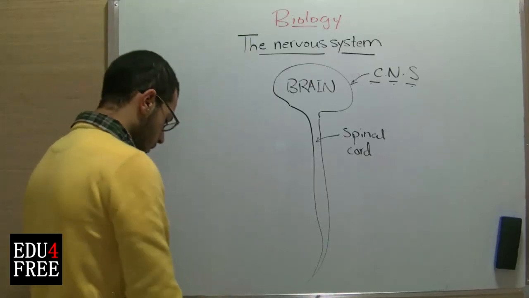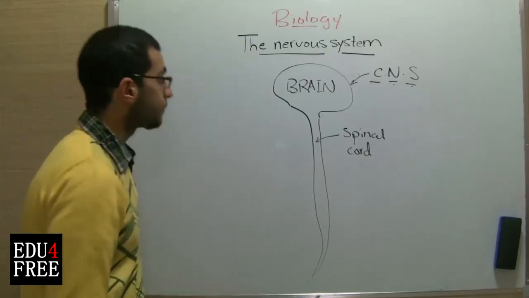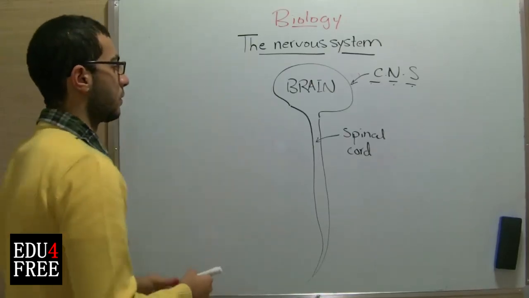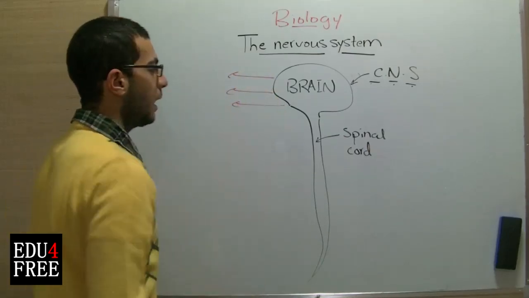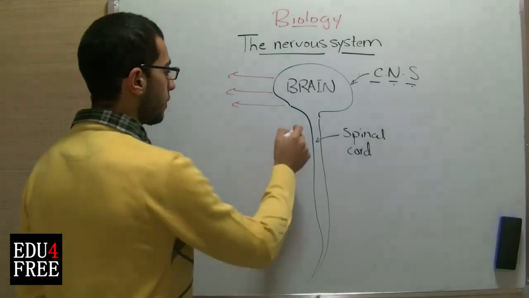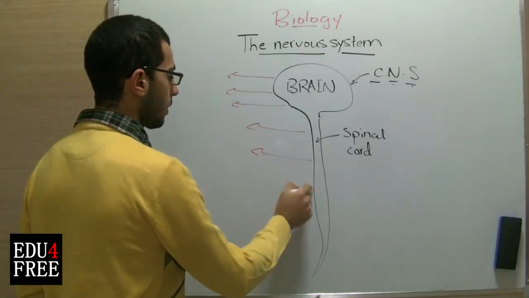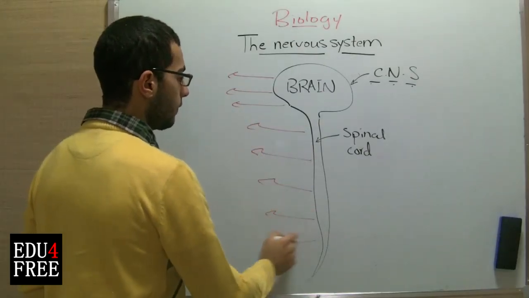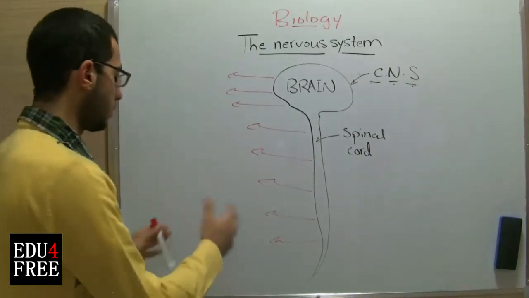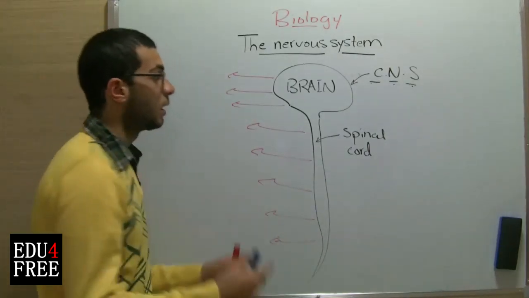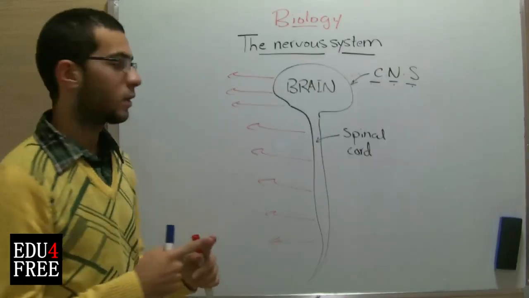Then, we have nerves which come from the brain, and nerves which come from the spinal cord. Now, some of these nerves are normal. They go to parts of the body, like the nerves at your fingertips.